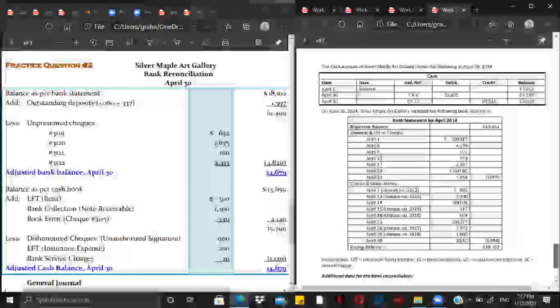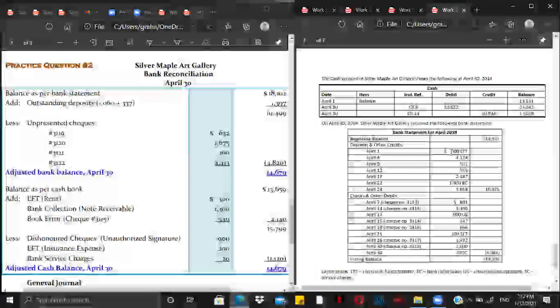All right, so practice question 2, bank recon. So what are the requirements for this question?